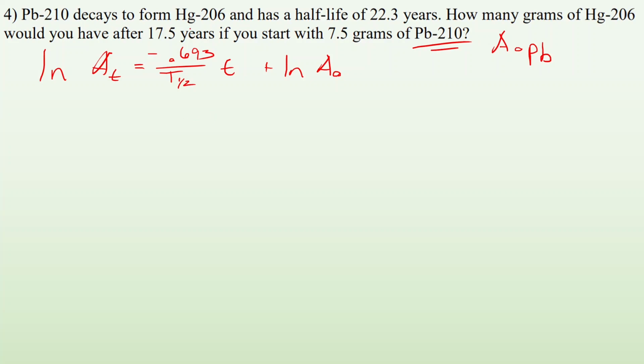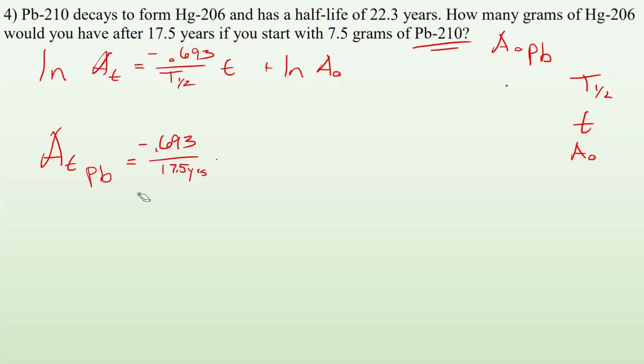So we have a half-life, T1 half, things that were given. We got time of 17.5 years, and we have an A0. So let's solve for At. My At for lead specifically is negative 0.693 over T1 half of 17.5 years.